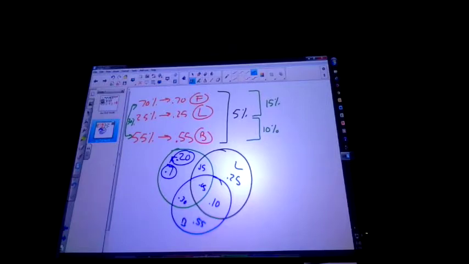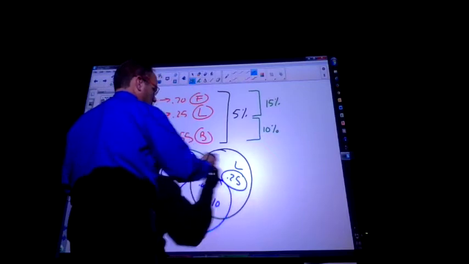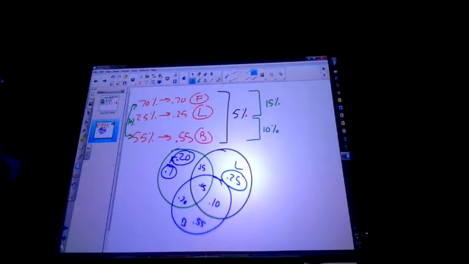What about that 25% for lacrosse? It wouldn't be right because it adds up to 30%. So we have an incorrect portion.